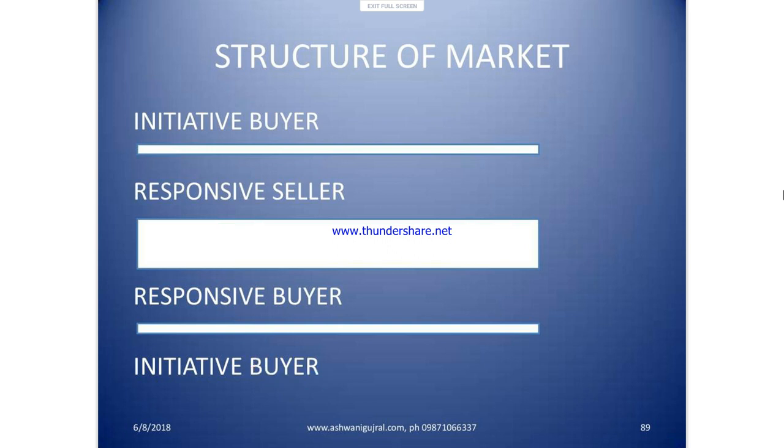Okay, now this is initiative seller. This is a mistake. The market structure can be defined as it generally remains in a range where at the lower end of the range the responsive buyer buys and the responsive seller sells and keeps the market in a range.